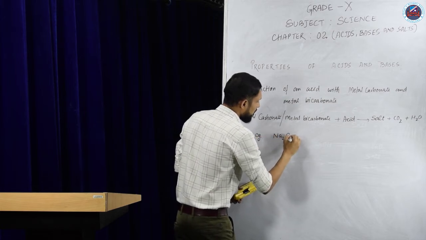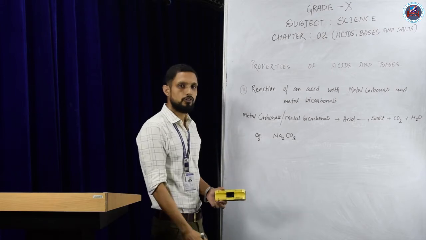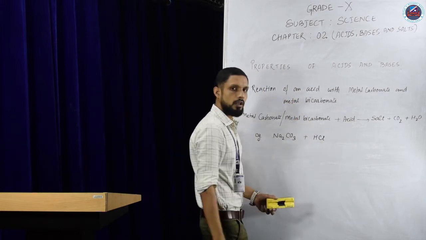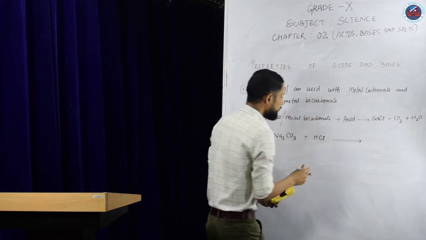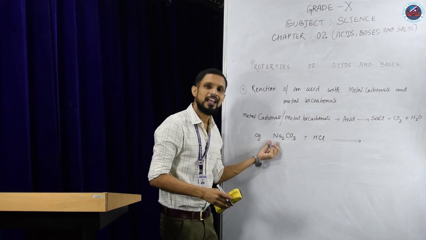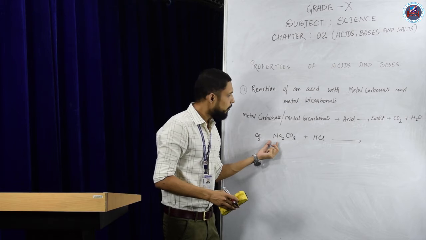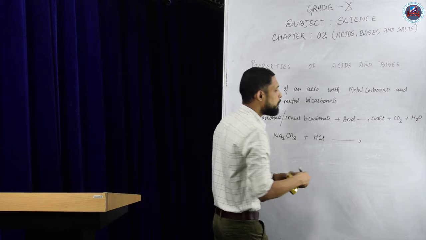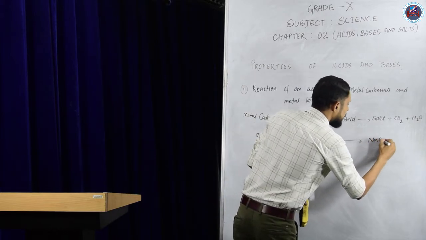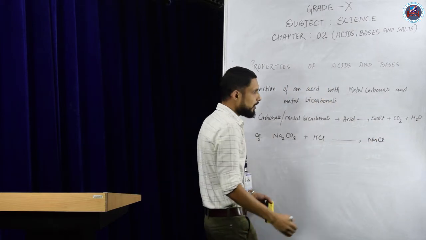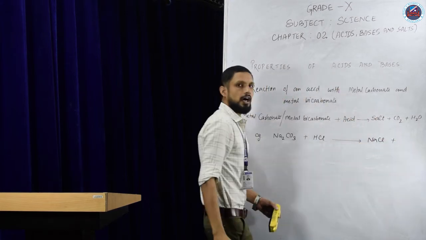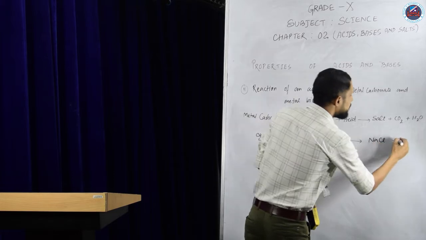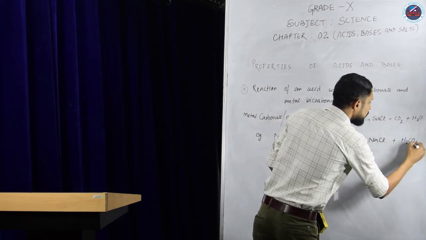Let us take sodium carbonate, that is Na2CO3. If it reacts with an acid like HCl, first sodium, which is electropositive, will take the electronegative, that is Cl, and will form the salt, that is NaCl. In addition to that, hydrogen with carbonate will form hydrogen carbonate, that is H2CO3.